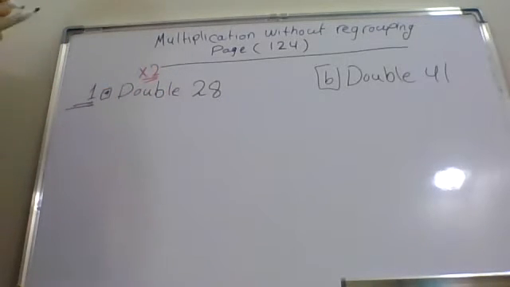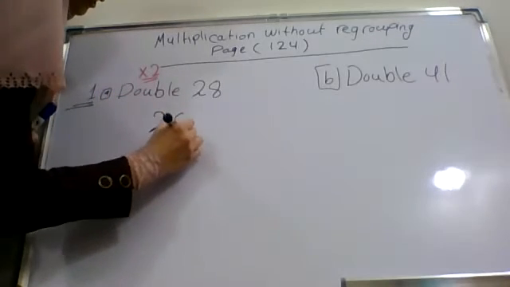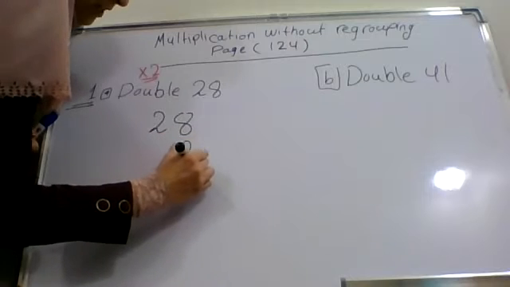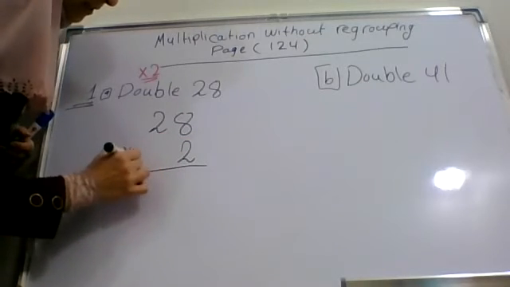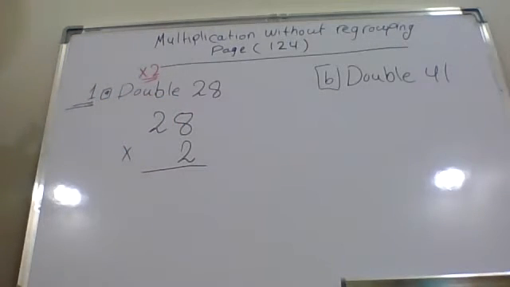It's times 2, so it's like I'm saying, they're asking me about the double for 28. I need to write it down here and multiply it with 2. Repeat it 2 times, okay? Let's do our steps.